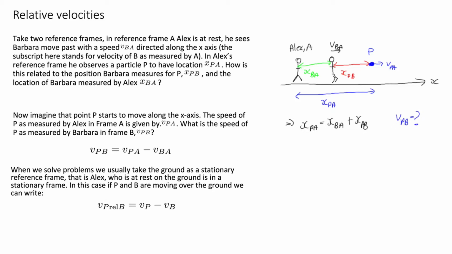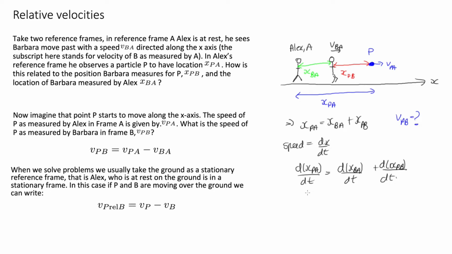Whenever we want to find speeds, the speed is equal to dx dt, so we need to differentiate the position. We have dxPA dt is equal to dxBA dt plus dxPB dt.